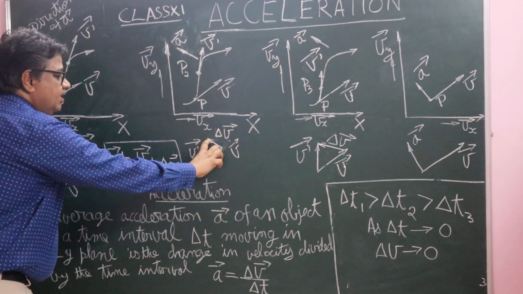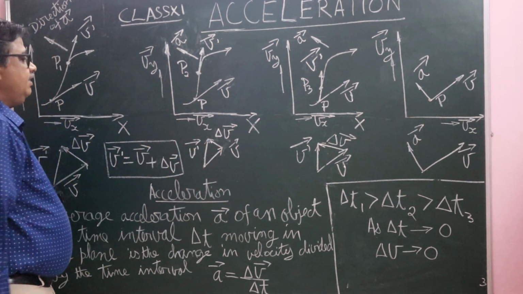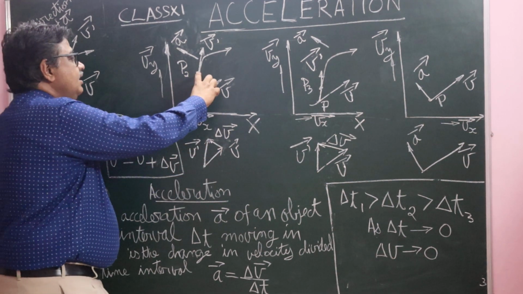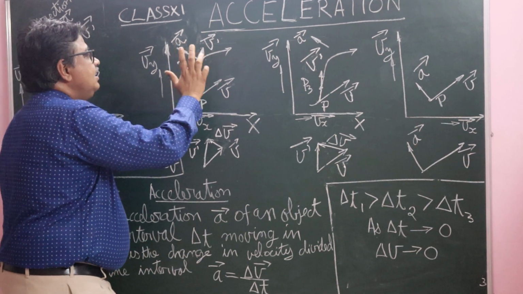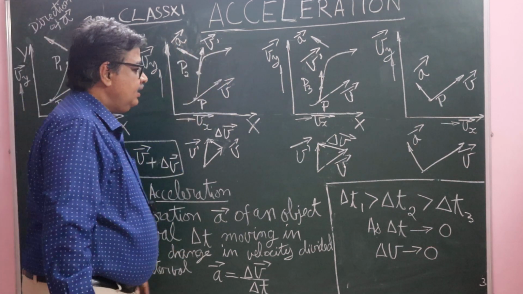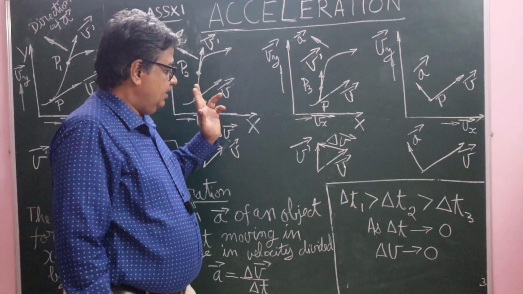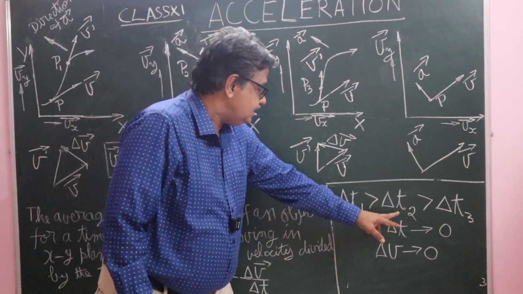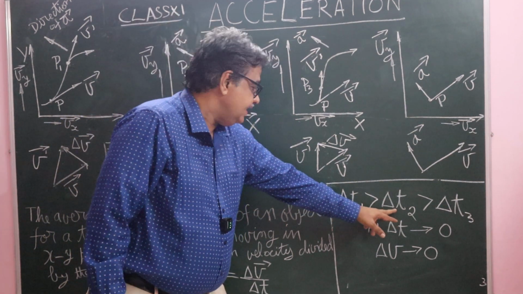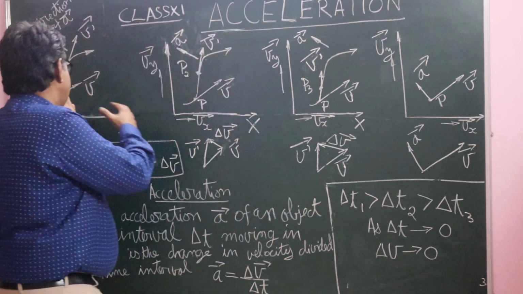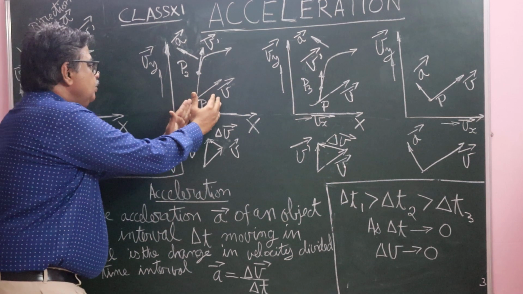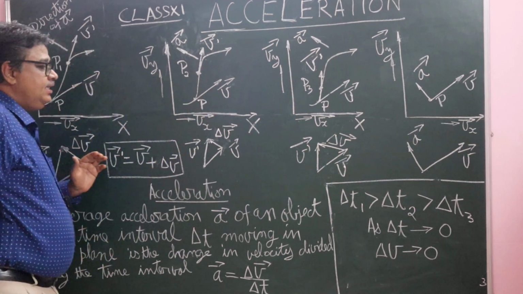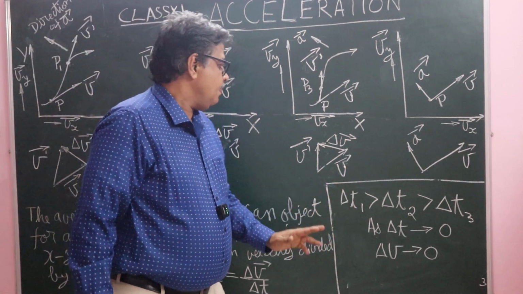The time taken for the object to attain the velocity of v dash vector from v vector here is del t2. This del t2 is lesser than del t1. Here it has taken del t1 time, here it has taken del t2 time.